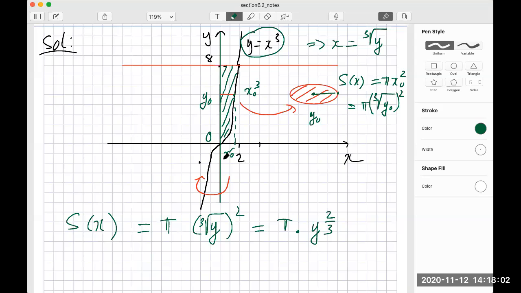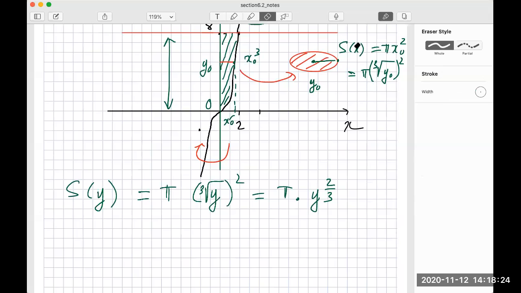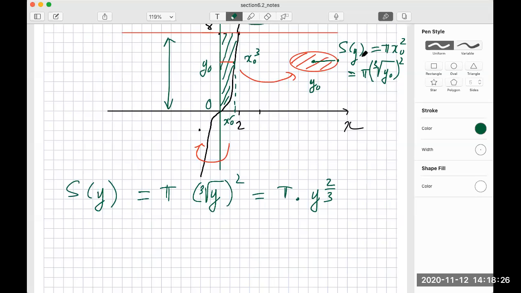So the integral from 0 to 8 with respect to the y coordinate will give us the volume of this solid, right? Let us write it in y, sorry. It depends on y, okay? So the volume will be the integral from 0 to 8 of S(y) dy.